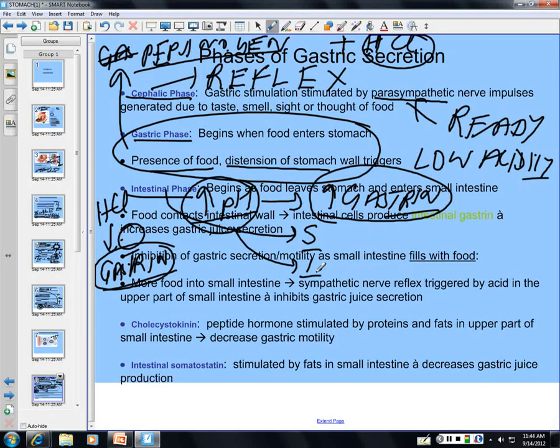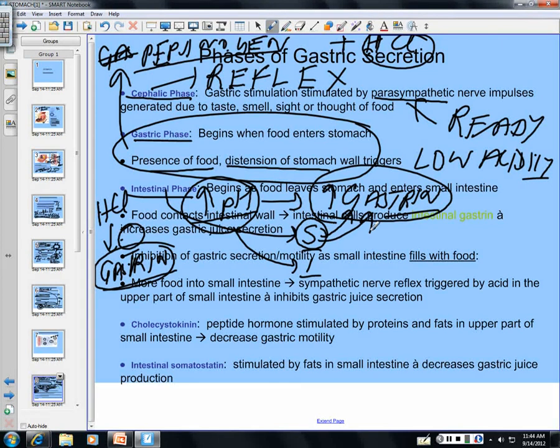This stimulates the intestinal walls to produce intestinal gastrin that increases gastric juice secretion. So remember, when the food is just starting to enter the duodenum, that means there's more and more food in the stomach. So you want to stimulate gastrin.